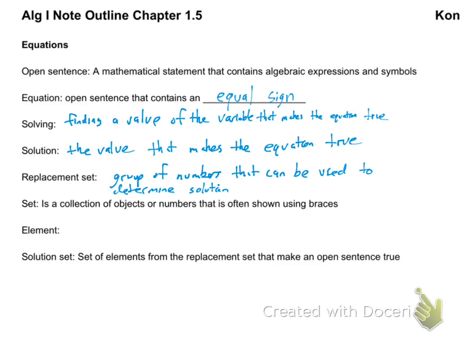So it's going to be a group of numbers that you get to choose from. You get to pull from these particular numbers or things that can be put into the equation to see if it is true. Guys, we're talking about replacement set.